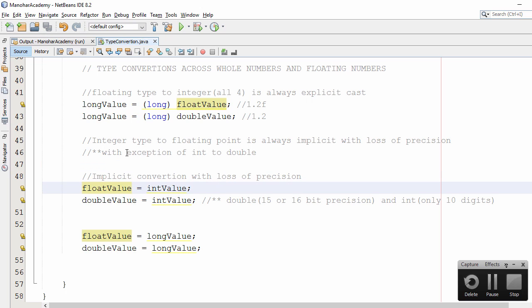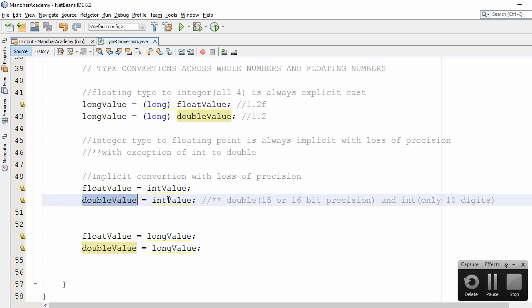So whenever you are converting from integer to float, there is always going to be loss of precision, except one scenario, that is when you are converting from integer to double or anything less than integer to double, because double has a greater precision. So in this case it won't lose any value, but in all other cases, like anything to float, will lose precision.